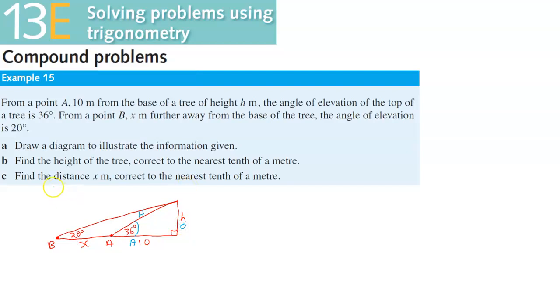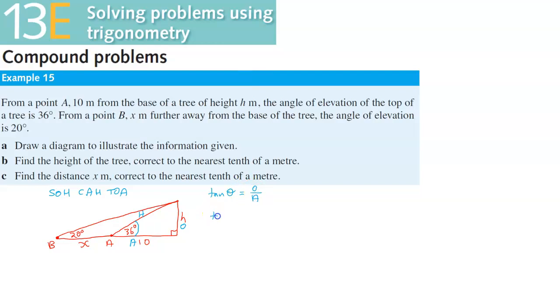I remind myself of SOHCAHTOA. In this question, and you'll notice with angles of elevation and depression questions, we've got opposite and adjacent, so it's tan. Most of the time in fact, angles of elevation are going to involve tan. So we write tan theta equals opposite over adjacent.